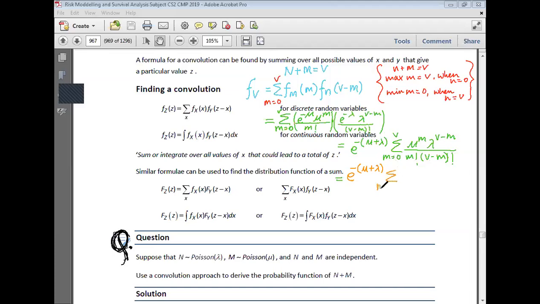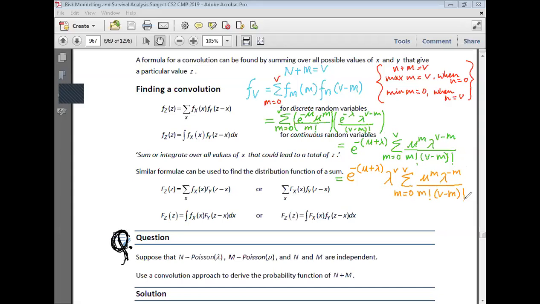Yeah, but v is not a random variable, right? So we can take lambda raised to v outside. Oh, so you want to take lambda raised to v outside? All right, yeah, we can do that. Lambda raised to v outside, and then I have summation m going from 0 till v, mu raised to m, lambda raised to minus m upon m factorial and v minus m factorial.